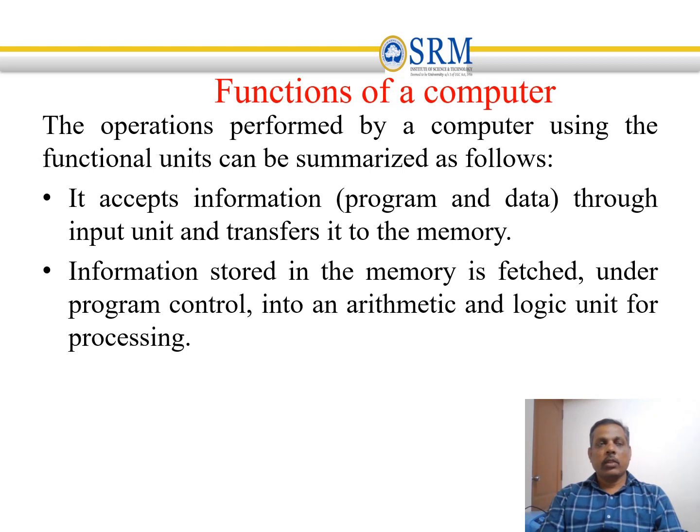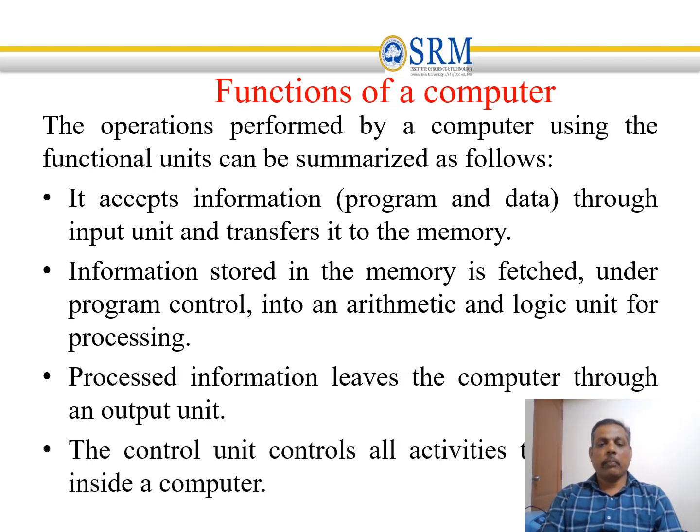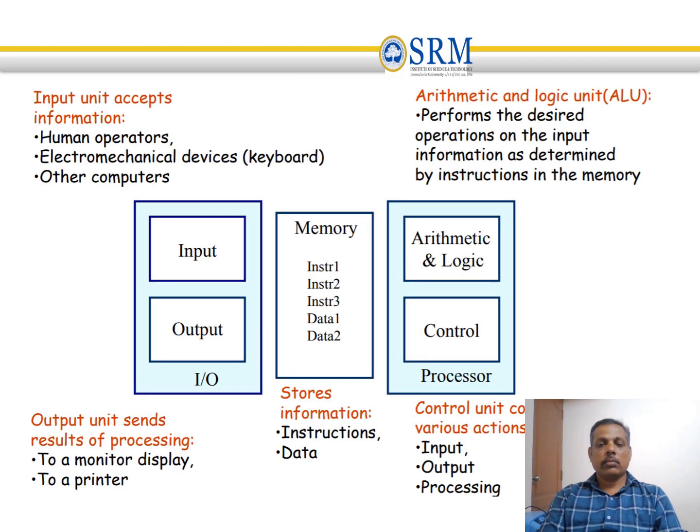It means program as well as data can be stored into memory before execution, and normally the execution will be done at the arithmetic and logic unit, and after processing the result will be stored back into the memory. So these are the fundamental units or components of a computer.